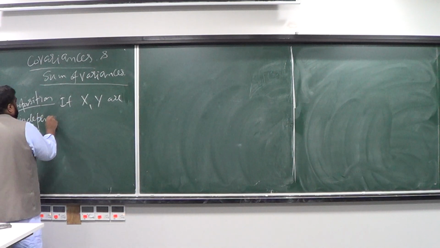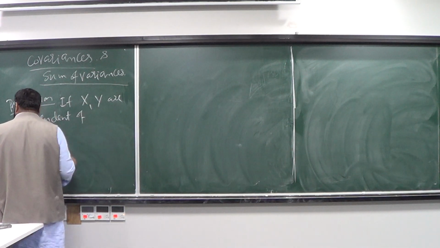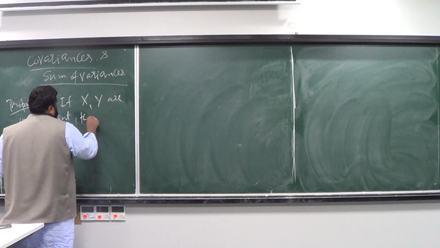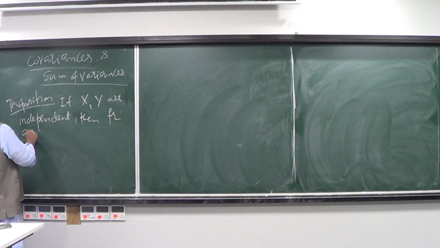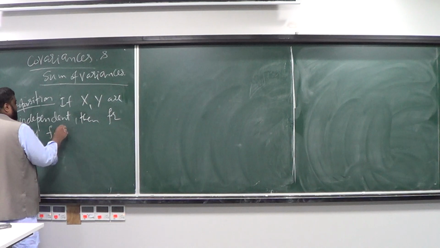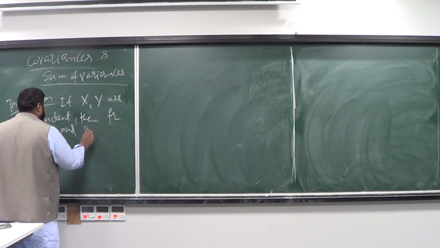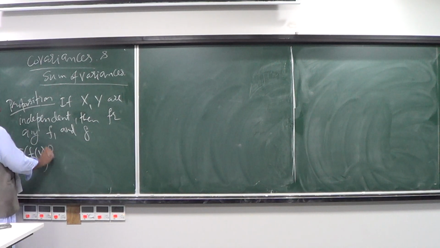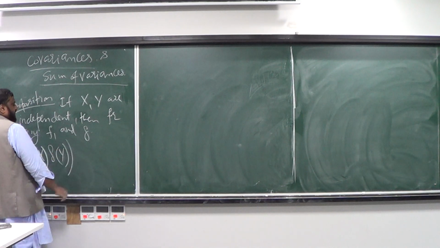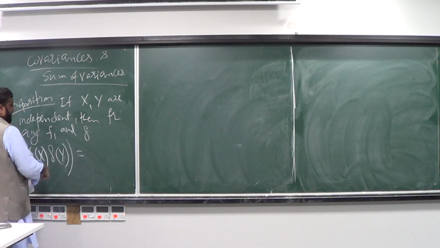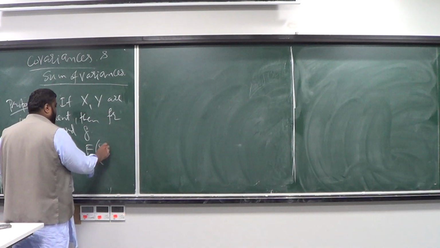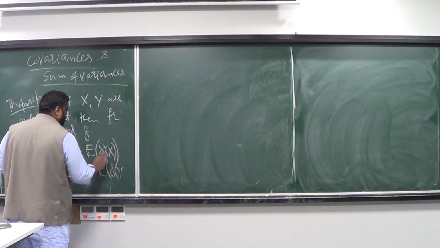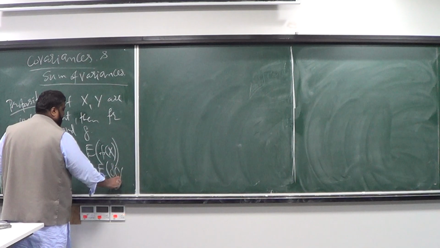Then for any nice functions, say f and g, if you compute the expectation of f of X times g of Y, and X and Y are independent of each other, then this is the same as the expectation of f of X times the expectation of g of Y.